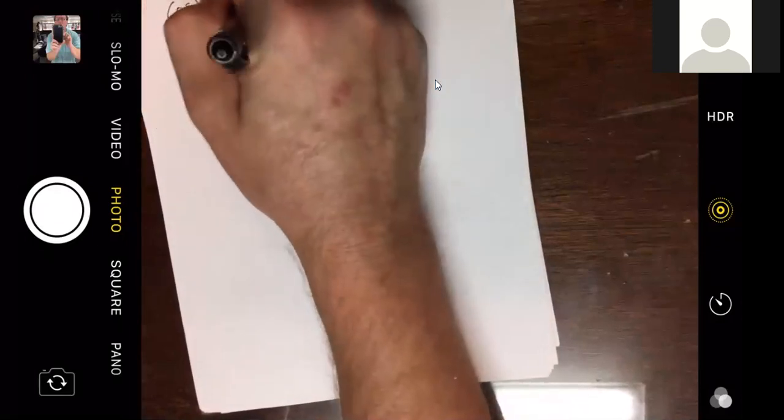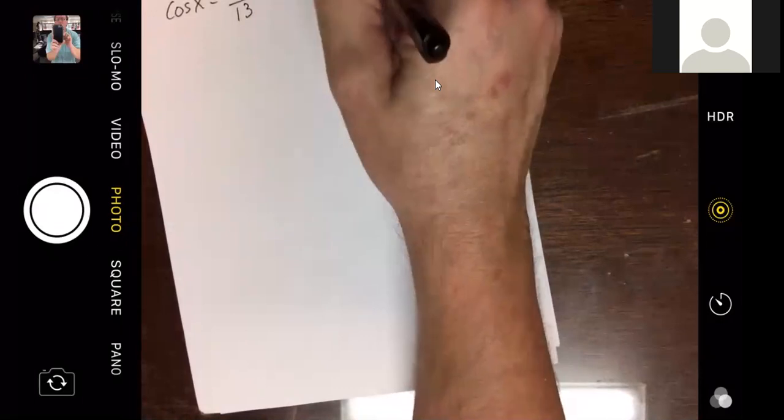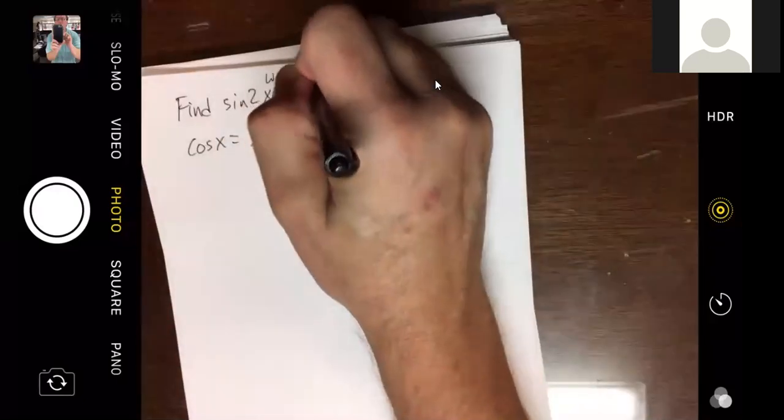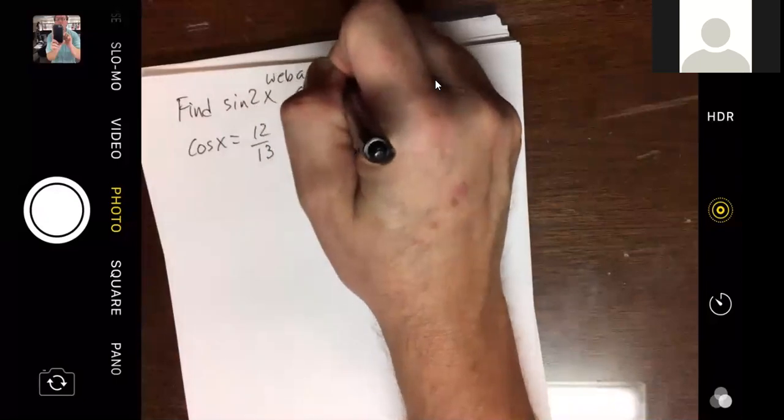And then it says cosine of x equals 12 over 13, and cosecant of x is going to be less than 0. This is off WebAssign. Yeah, this is basically off the first section of homework I'm just doing here.